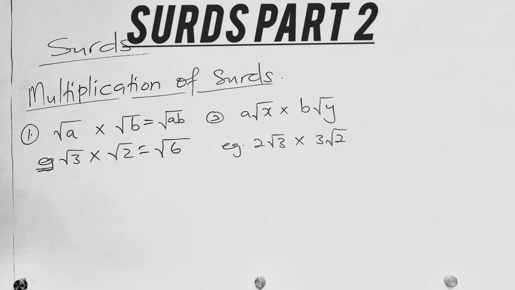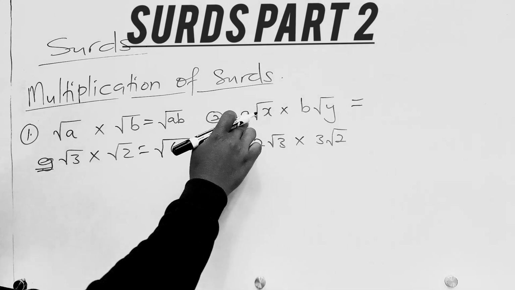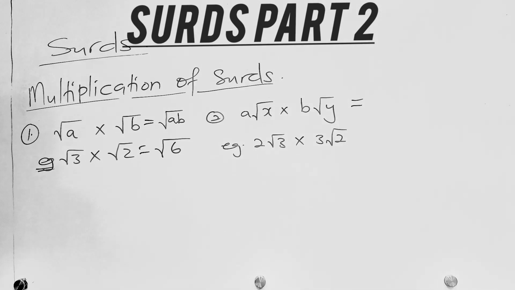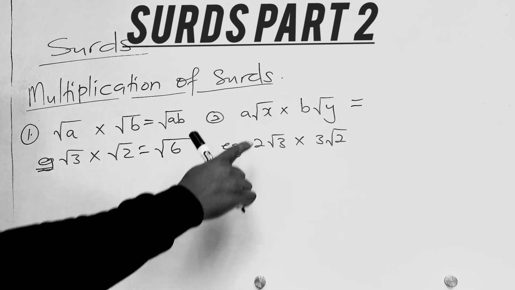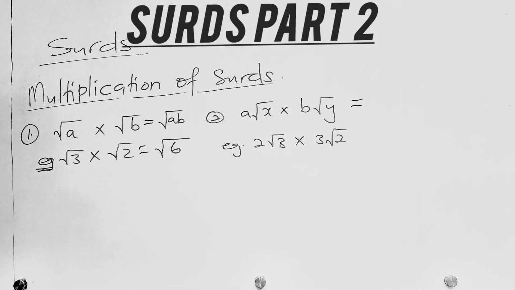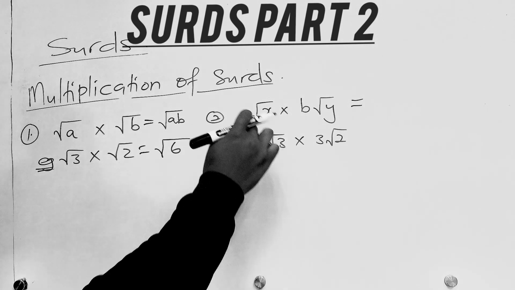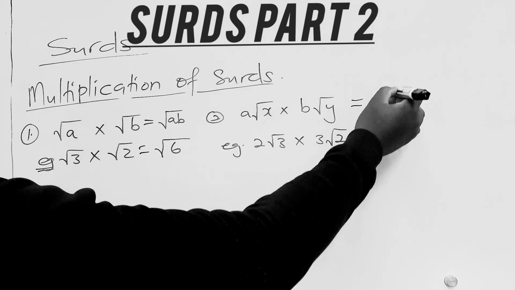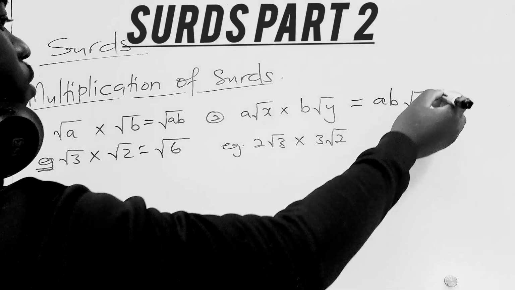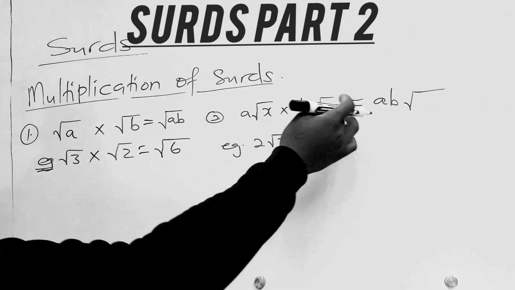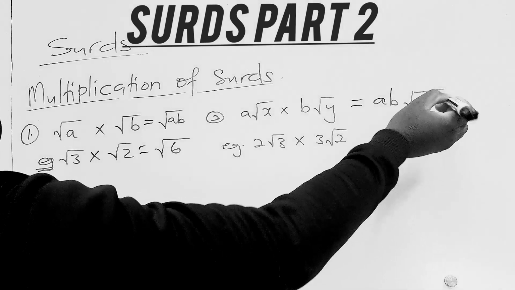Then next one, a root x multiplied by b root y is equal to, so in that case what we do is we multiply the coefficients first, a times b, we get ab, and root x times y, which is root xy.